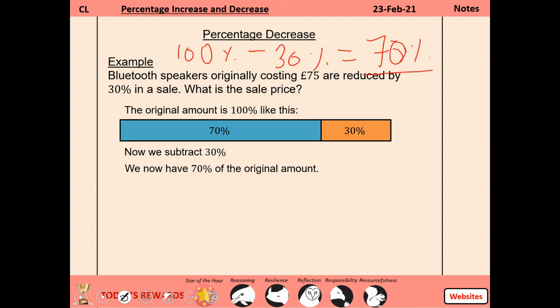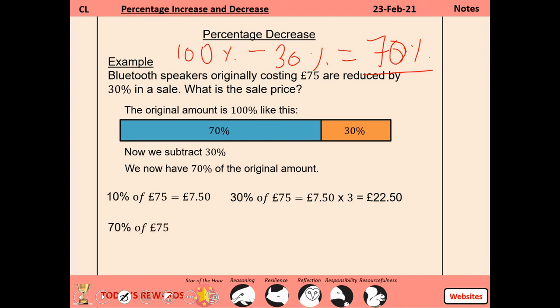All right. So how do I do this? I work out 10% of £75, that's £7.50. Then I can work out 30%. That would be much easier by timesing it by 3, that's £22.50.